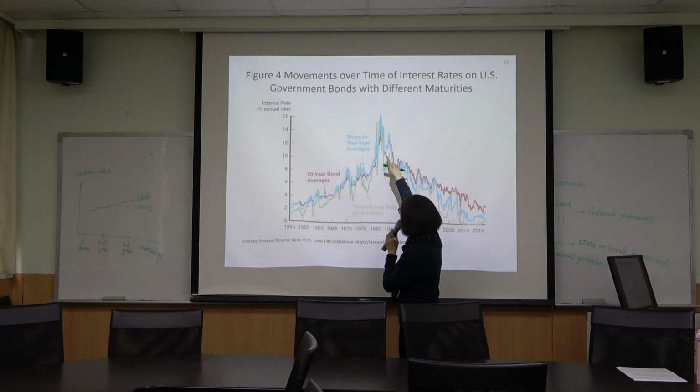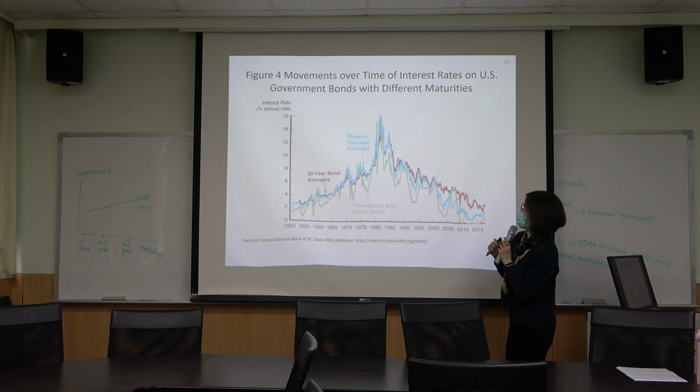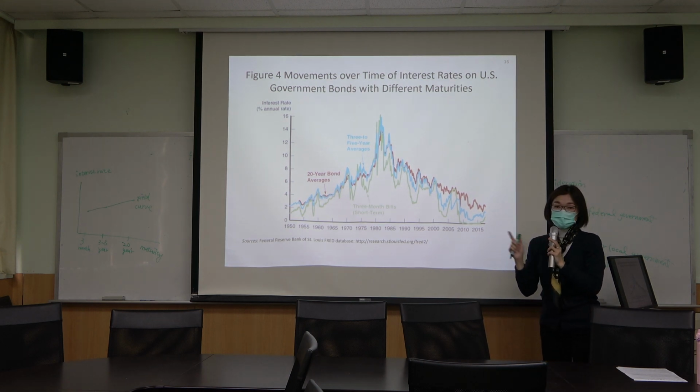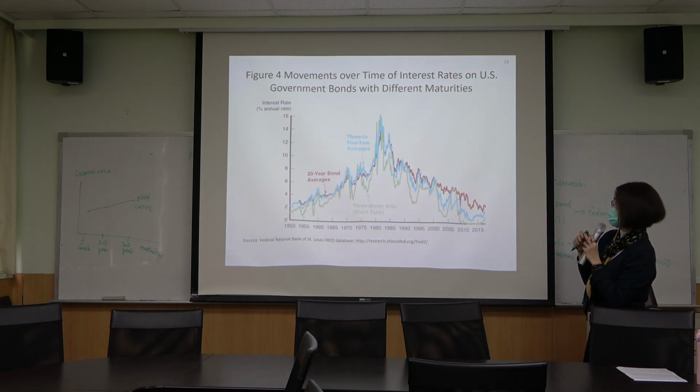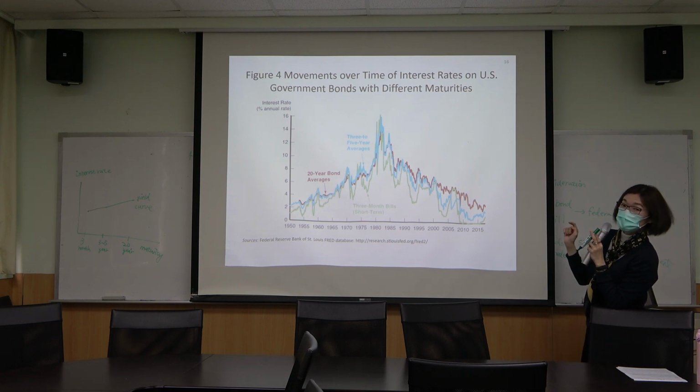But how about this? During the 1980s, it seems different. During the 1980s, the highest is the 3-month bill interest rate, and then the 3 to 5 year averages. The lowest is the 20-year averages.